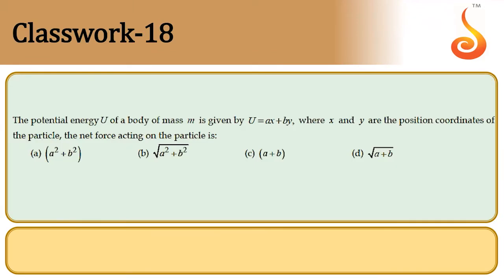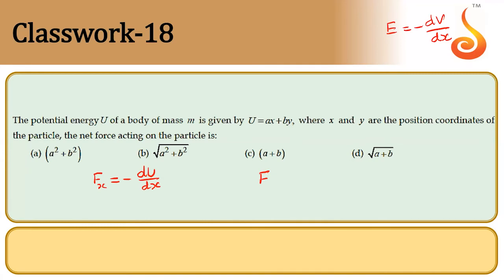Potential energy U of a body of mass M is given by U equals AX plus BY, where X and Y are position coordinates of the particle. Then net force acting on the particle is. See, if potential energy is given, X component of force is given by, okay.